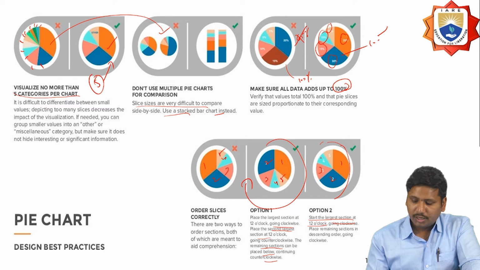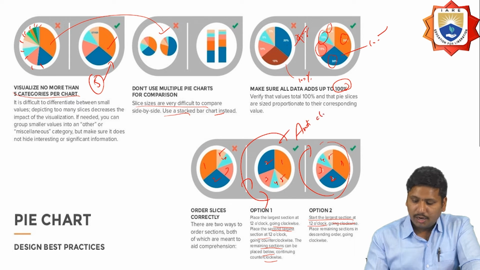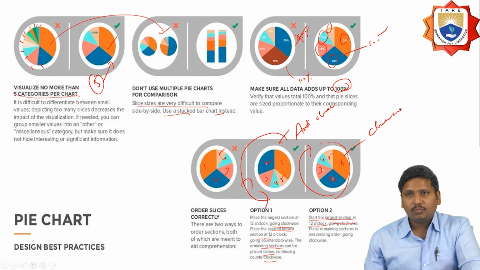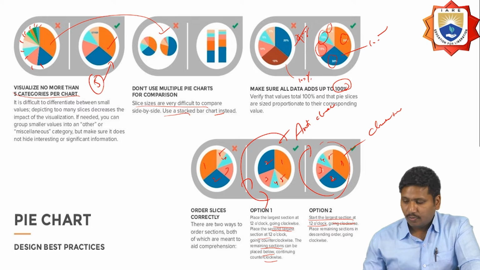Sorry, this one is anti-clockwise and that one is clockwise. Both are accepted, but all the time we place from the biggest to the smaller value.